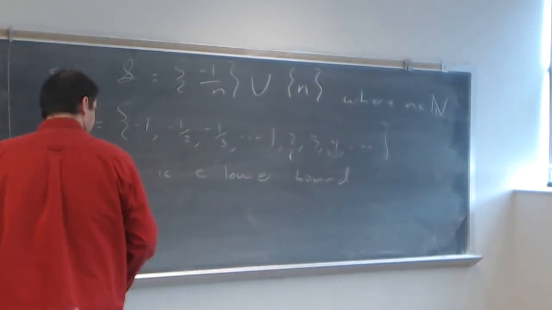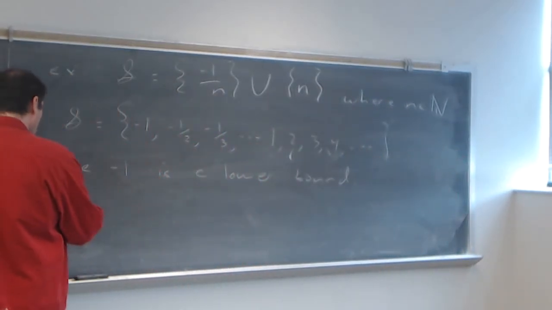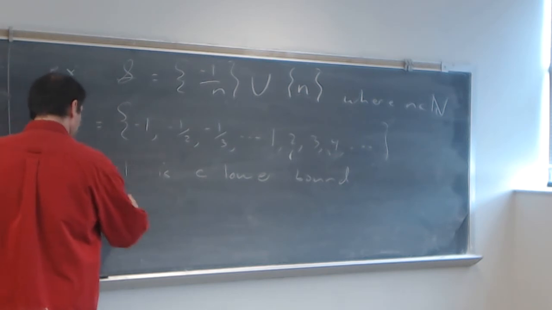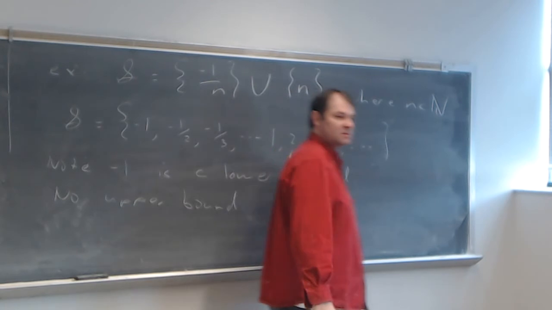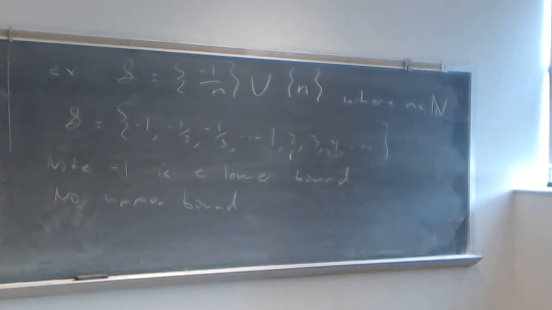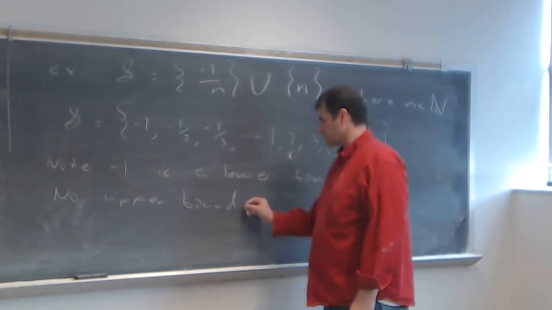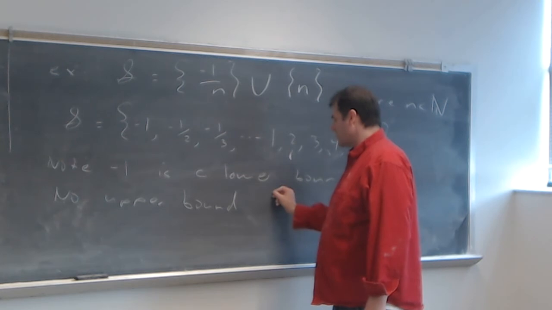Dalvin was saying something, I think, correctly. There is no upper bound for this set. There is no number that's bigger than everything in this set. We'll prove that later, but I'm just writing it down. So what can you say about this set?